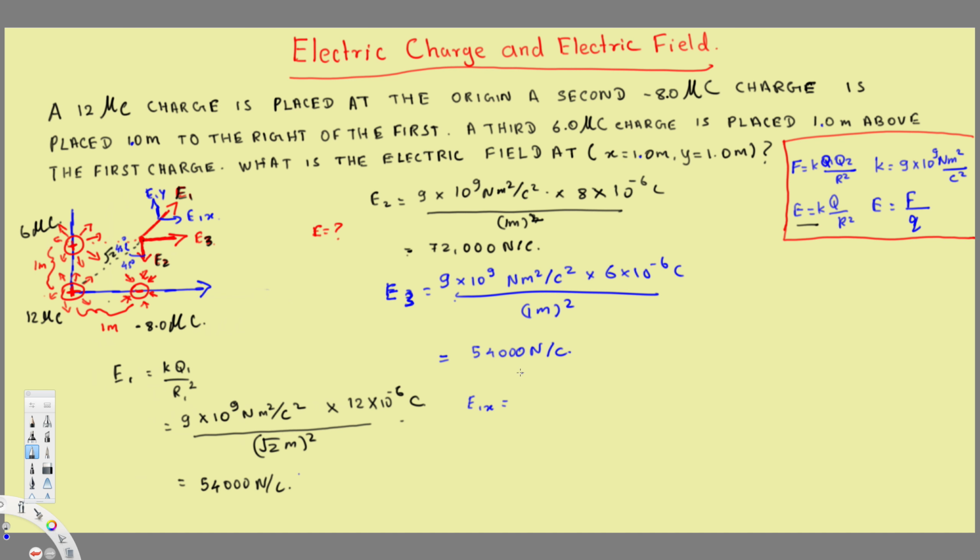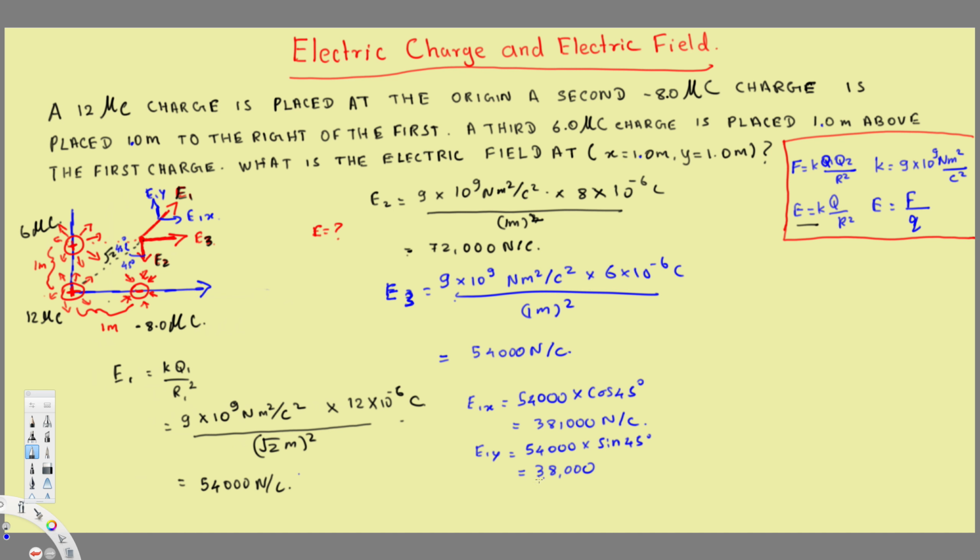We have E1, that is 54,000 times cos 45, that's going to give us 38,000 Newton per coulomb. And let's calculate E1y, it's going to be the same thing, 54,000 sine 45, and that's going to give you 38,000 too.